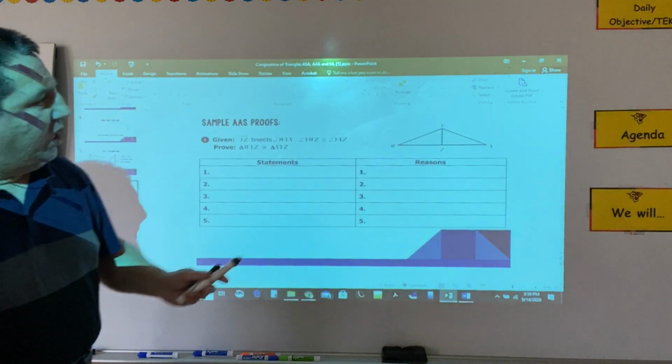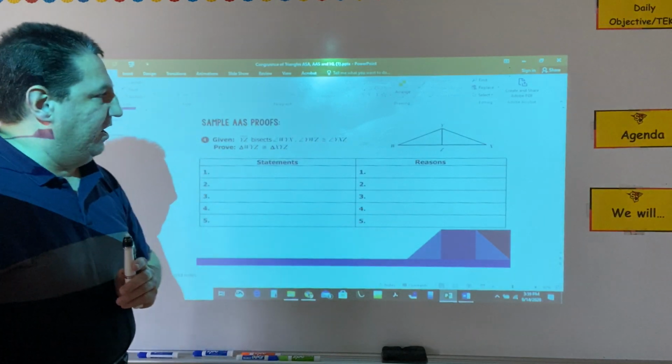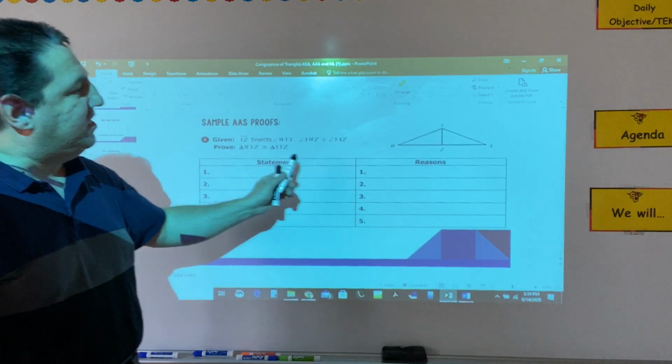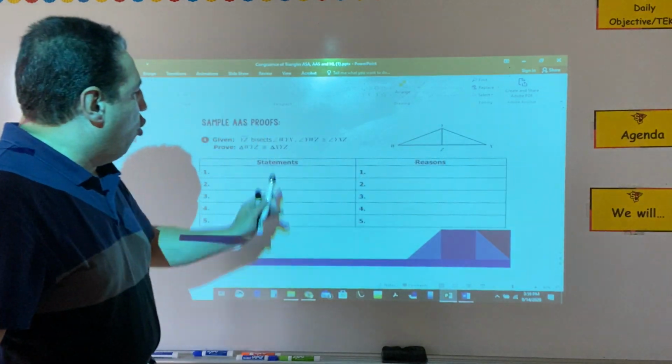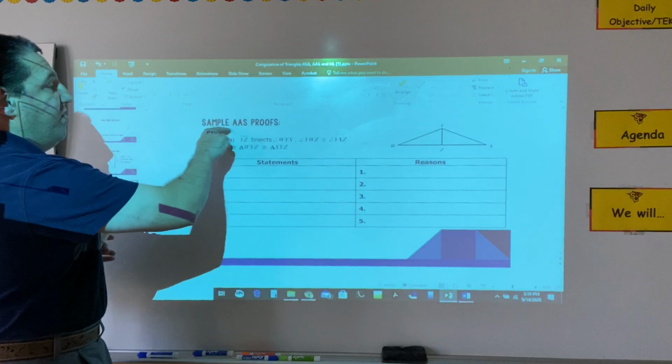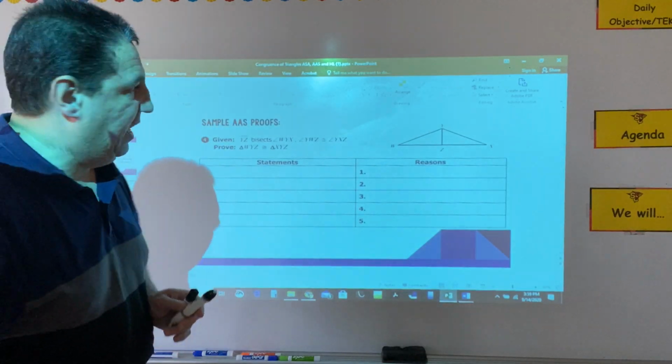Good. Now, we have this diagram. We have to prove triangle WYZ congruent triangle XYZ based on AAS.